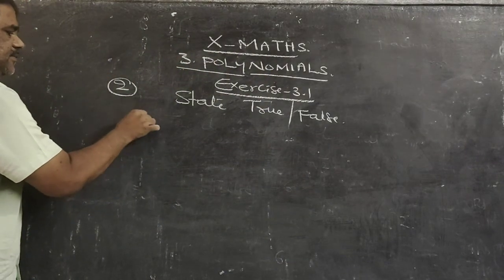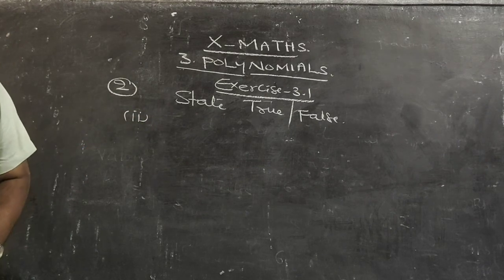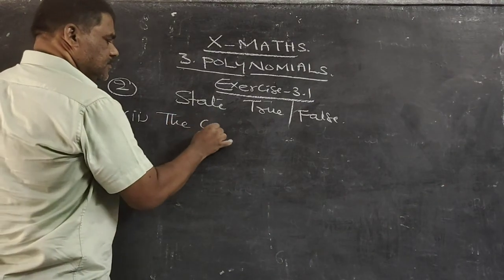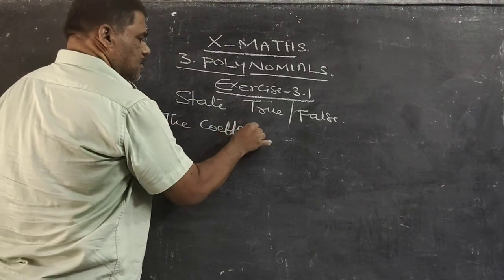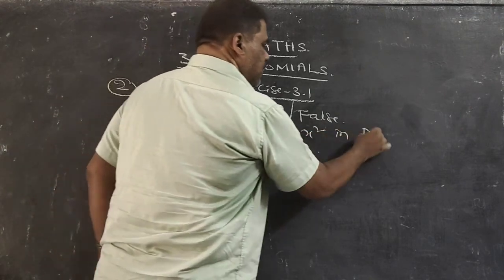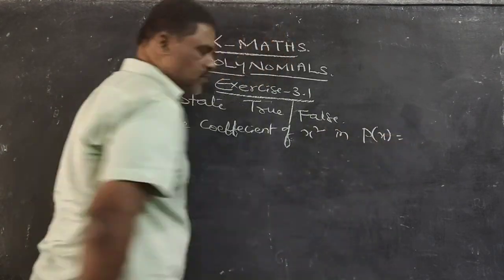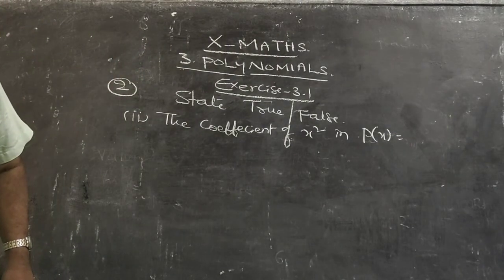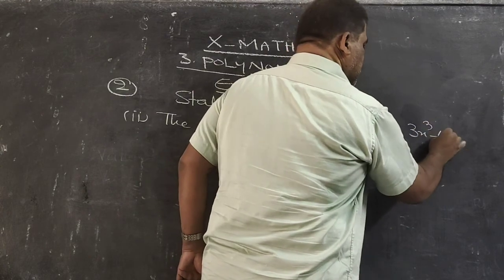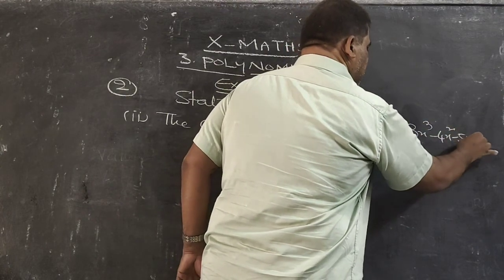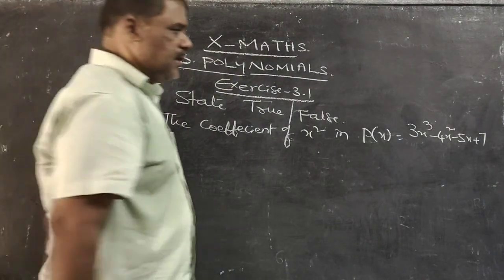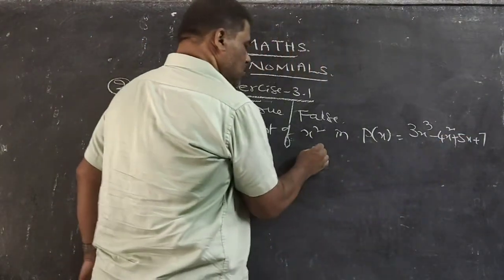Right, the second one: the coefficient of x square in the polynomial p of x equals 3x cube minus 4x square minus 5x plus 7 is 2.